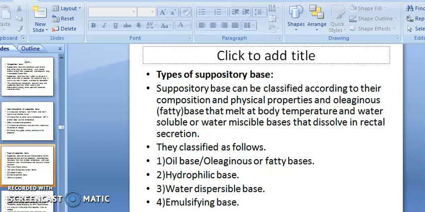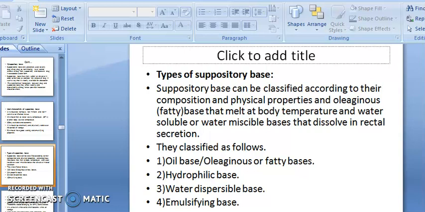Water soluble or water miscible means that when it is solid and dissolves in water, that means water soluble. When it is liquid and dissolves in water, it is called a water miscible base. This is the difference between water soluble and water miscible base.